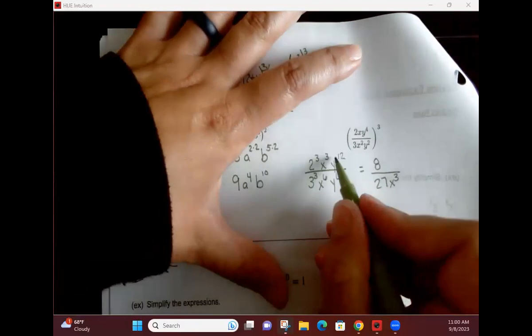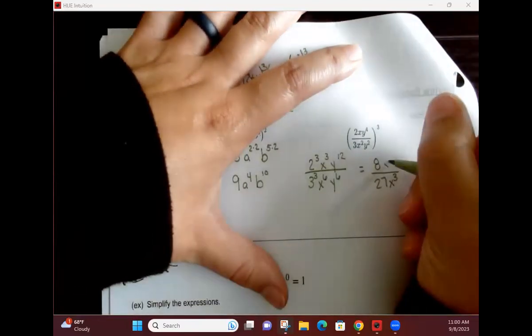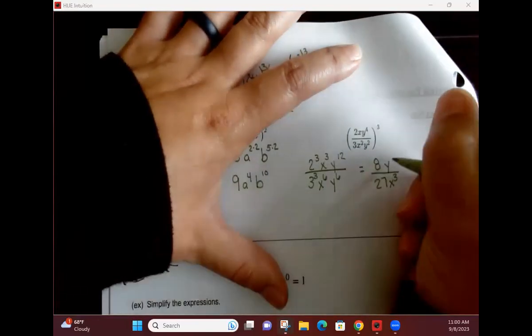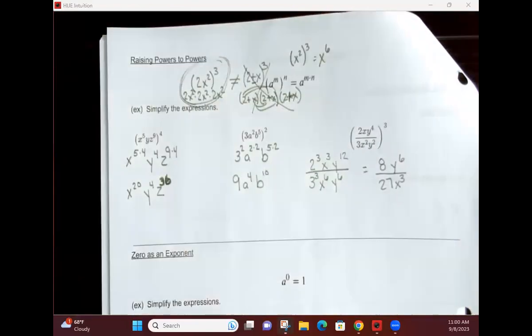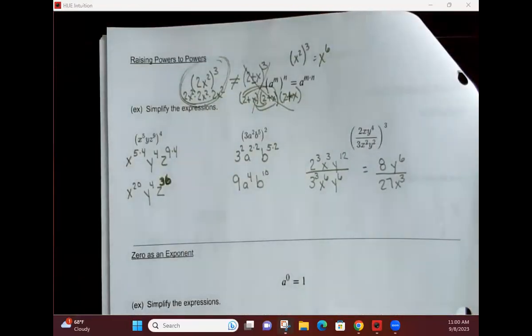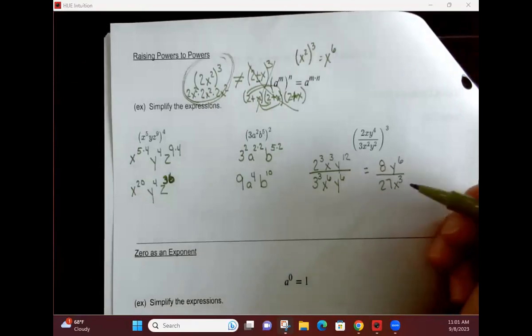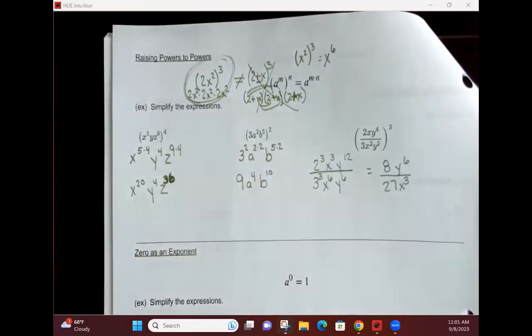For my y's, the bigger exponent lives on the top, so I know my y's will end on the top. 12 minus 6 is 6. I've combined all my like terms at this point. I cannot reduce 8 and 27. This is my only y. This is my only x. We're done.